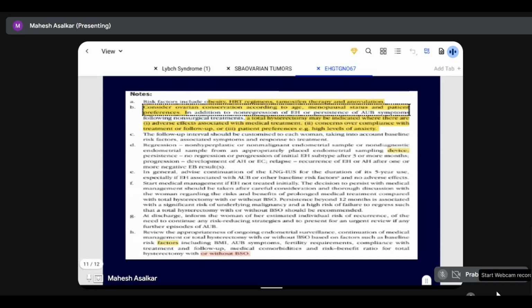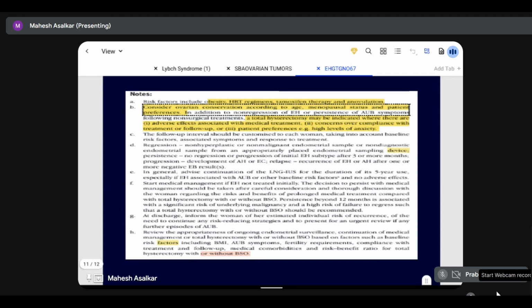Second, consider ovarian conservation according to the age, menopausal status, and patient preferences. In addition to non-regression of endometrial hyperplasia, persistence or AUB symptoms following non-surgical treatment, a total hysterectomy may be indicated where there are adverse effects associated with the medical treatment, concerns over the compliance with the treatment or follow-up, and patient preferences, for example high levels of anxiety.